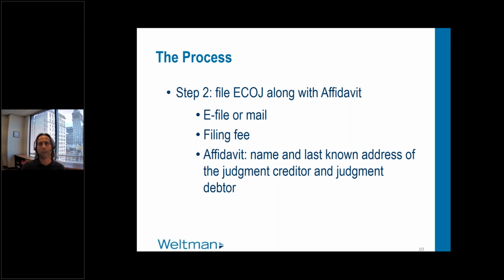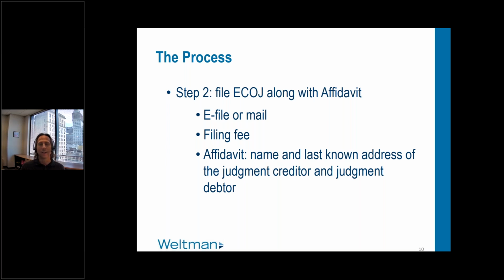The reason why is because obviously you're dealing with a triple seal document. It has 3 original signatures, 3 seals on it, so it makes sense that you'd mail that in. But because e-filing has become so prevalent, there are some states now, Indiana being one of them, that have you e-file the ECOJ along with the other documents.